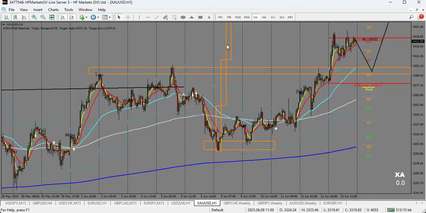And as for last week, we did not have many fundamentals. We did not have news. We only had the CPI for the dollar on Wednesday, which had moved a lot. As for this coming week, we are having several news releases. We will be having the Bank of Japan policy rate on Tuesday. And on Wednesday, we would have the federal funds rate, so interest rate for the US dollar.